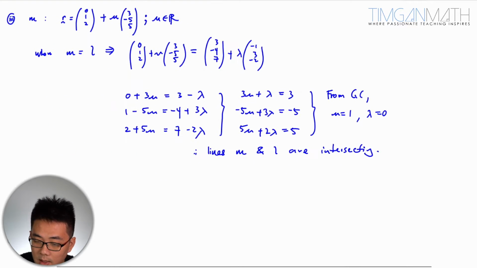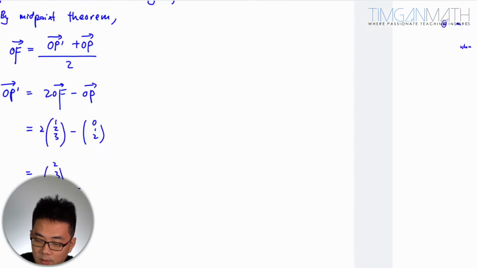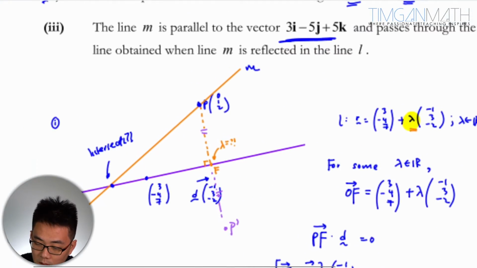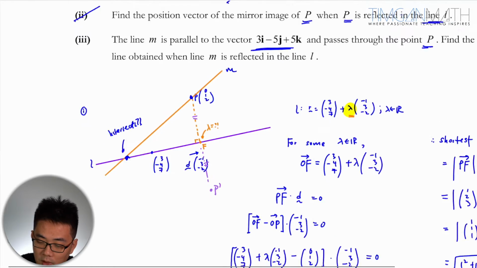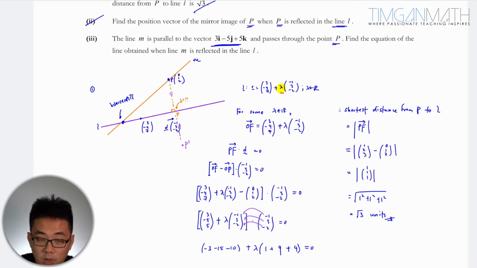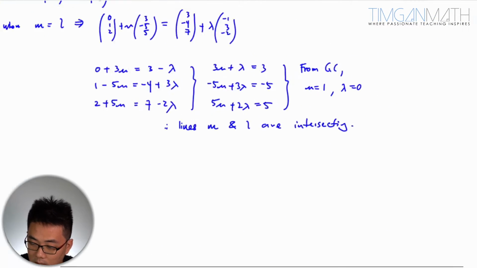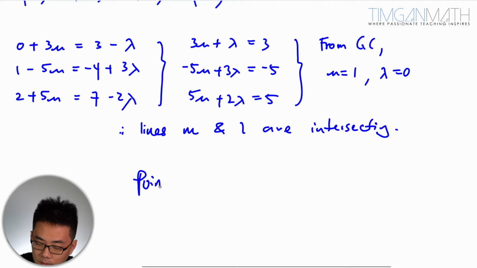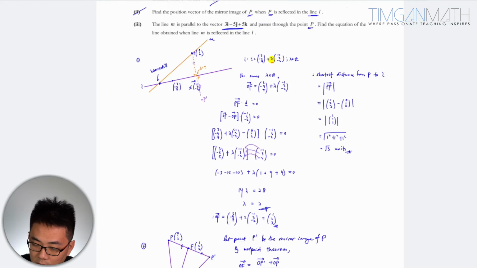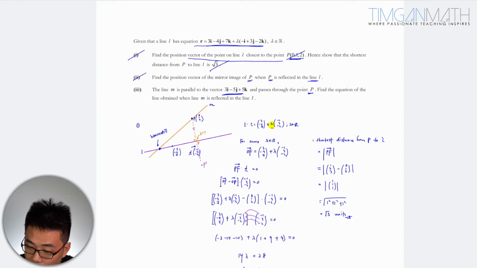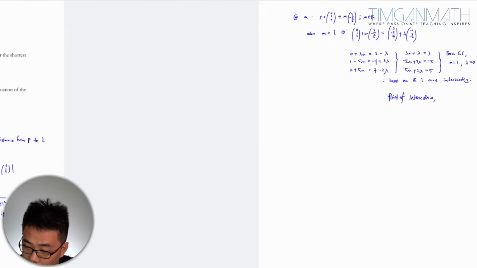Once done, the intersecting point would be this point here that we drew just now. This is important because once we have it, it will be quite straightforward. So the point of intersection, I will name it as A.